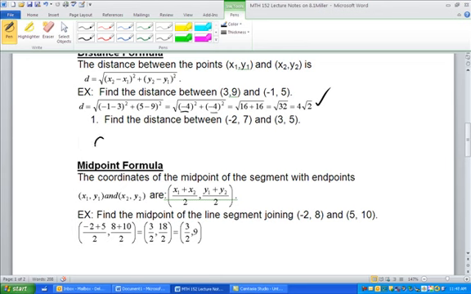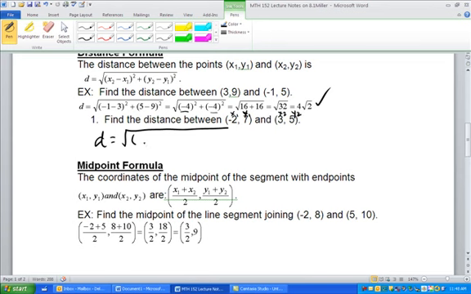Okay, I'm assuming that you have found an answer for number 1. So we want the difference between the x's. It doesn't matter which one of these we start with. If you want, you can label this x1, y1, x2, y2, and go that way.